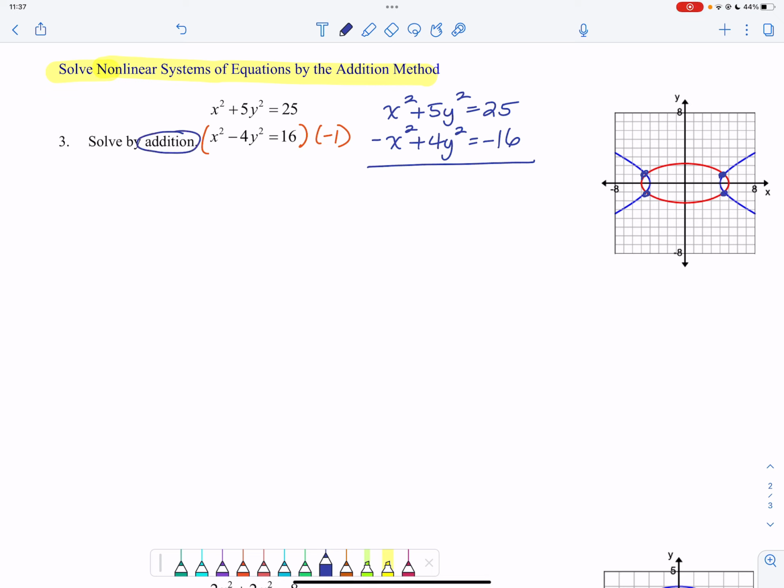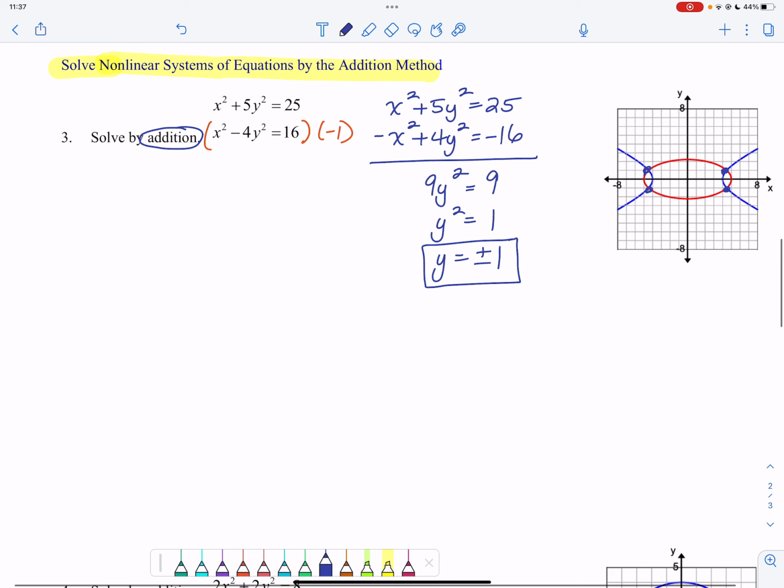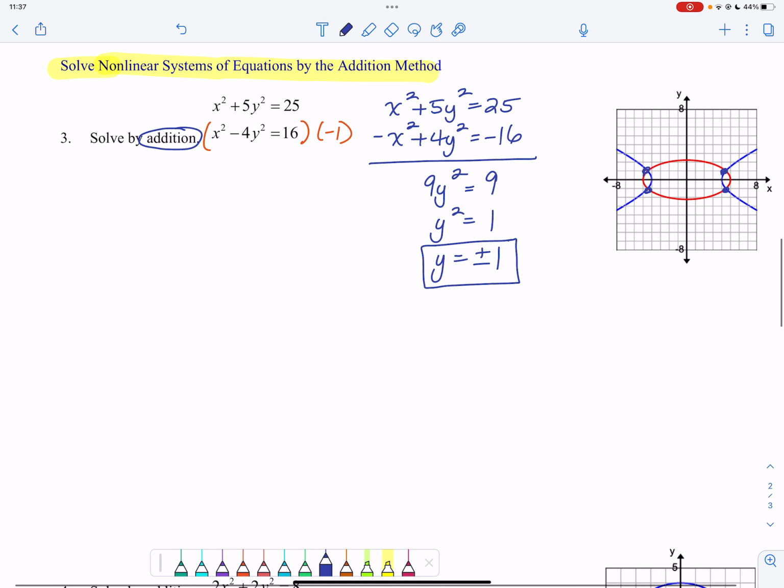So if we add these two together, of course, we have 0x squared. 9y squared equals 9. y squared equals 1. And of course, y equals plus or minus 1. Okay, so let's go ahead and plug those in.